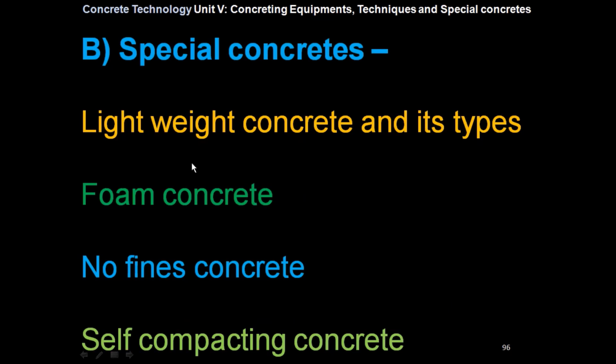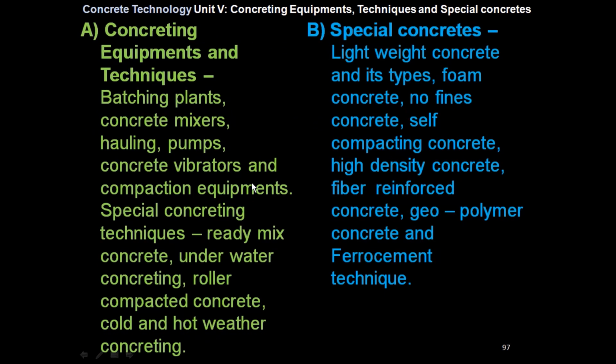So we have seen the part B, special concrete. In that we have seen lightweight concrete and its types, foam concrete, no fines concrete and self-compacting concrete. So this is the syllabus of unit number 5. Title is Concreting Equipment, Techniques and Special Concrete.